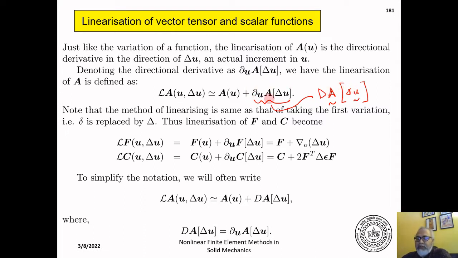We will just simplify the equations a bit. So this will denote the directional derivative with respect to u of A in the direction of delta u. So we will both use this, or sometimes we will even be more brief and use just this. When we use this, it will mean that we are taking it with respect to u in the direction of delta u.